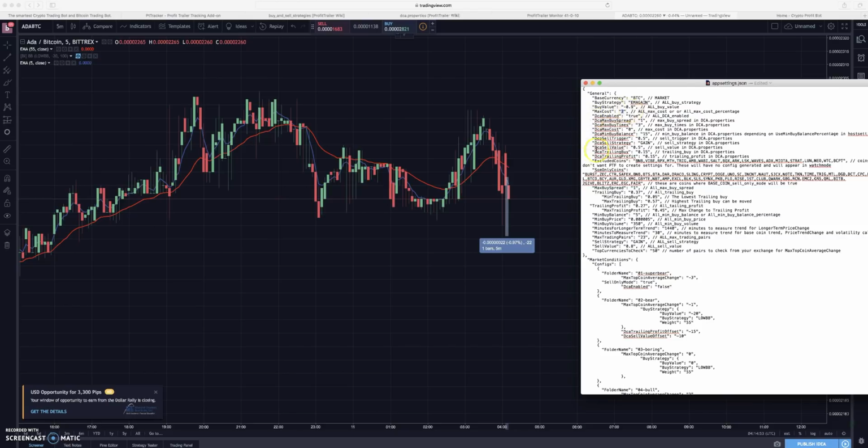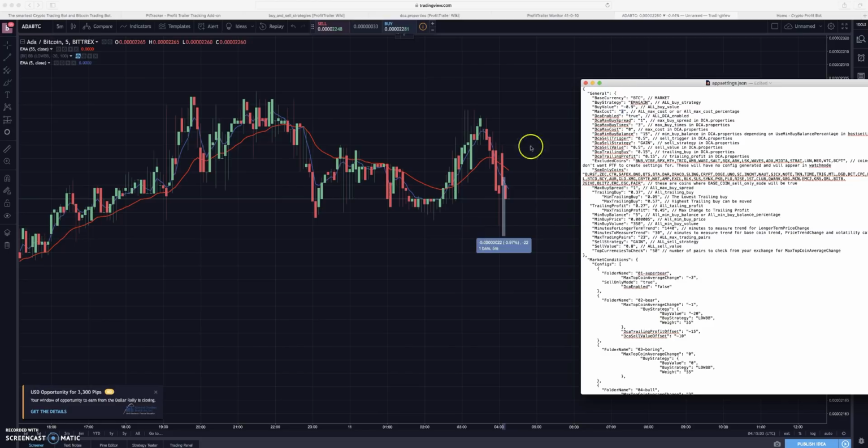So if you're going to DCA, basically that is dollar cost averaging your way down. And the DCA strategy that I use is Anderson double down. And basically you're doubling your amount of tokens every time you DCA. So as you can imagine, you buy 100 tokens and then you double down and you buy another 100 tokens, and then you double down again and you buy 200 tokens, and then you double down again and you end up buying 400 tokens.